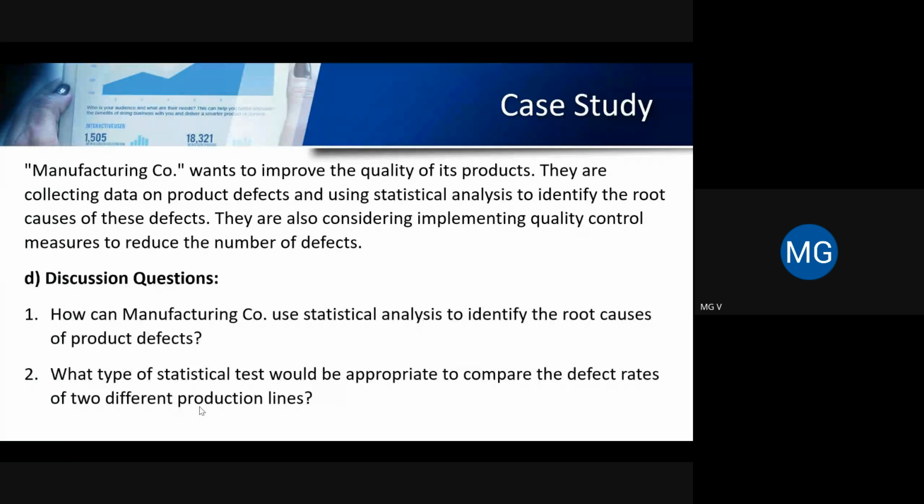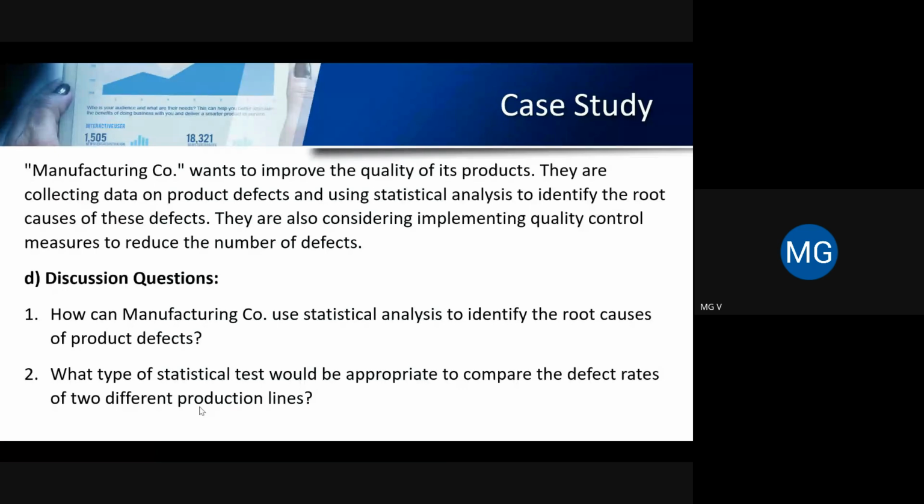By collecting data on various factors that might contribute to defects, for example, machine settings, raw materials, or operator training, and using statistical techniques like correlation and regression analysis to identify significant relationships. Very right, sir. Data collection followed by statistical techniques. And we also need to take into consideration the factors involved.